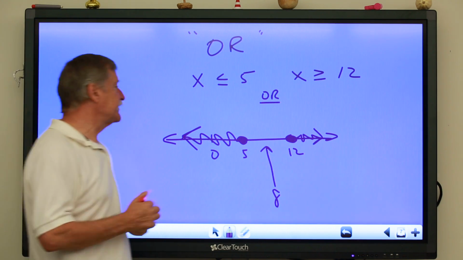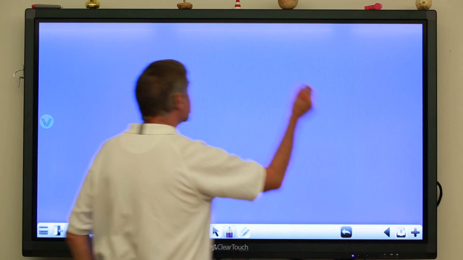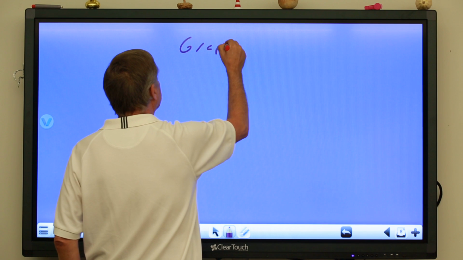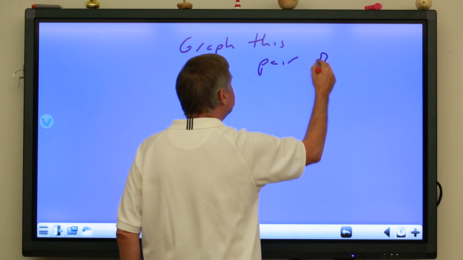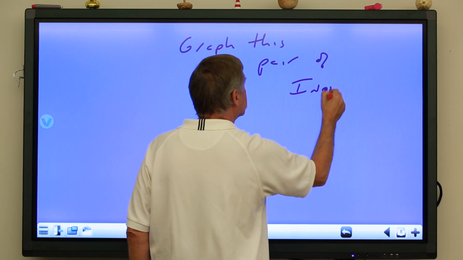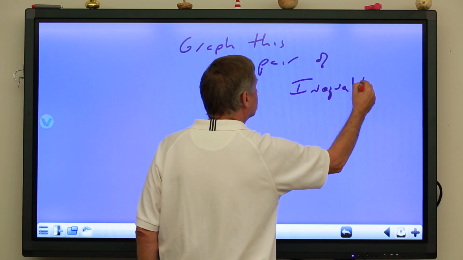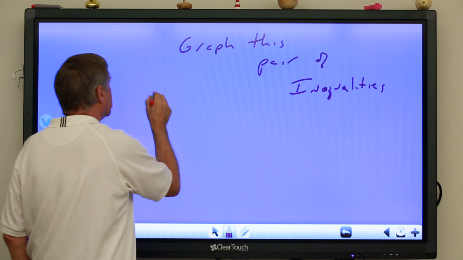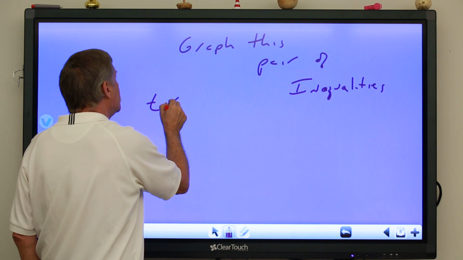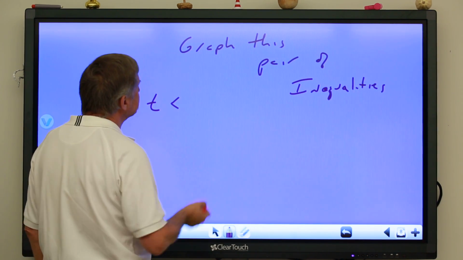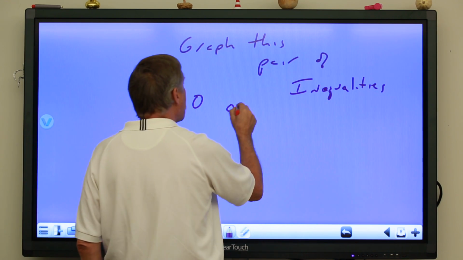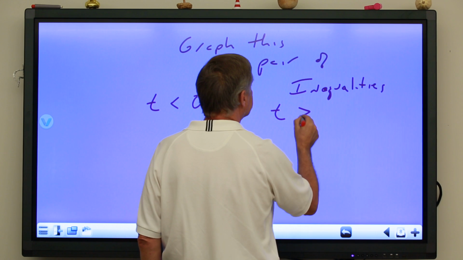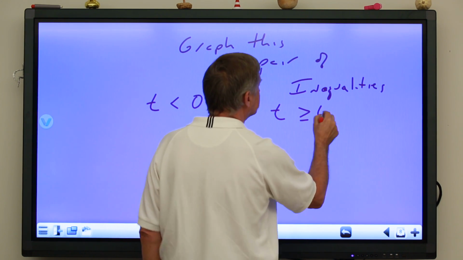You'll see incredibly difficult things like graph this pair of inequalities. t is less than 0 or t is greater than or equal to 6.